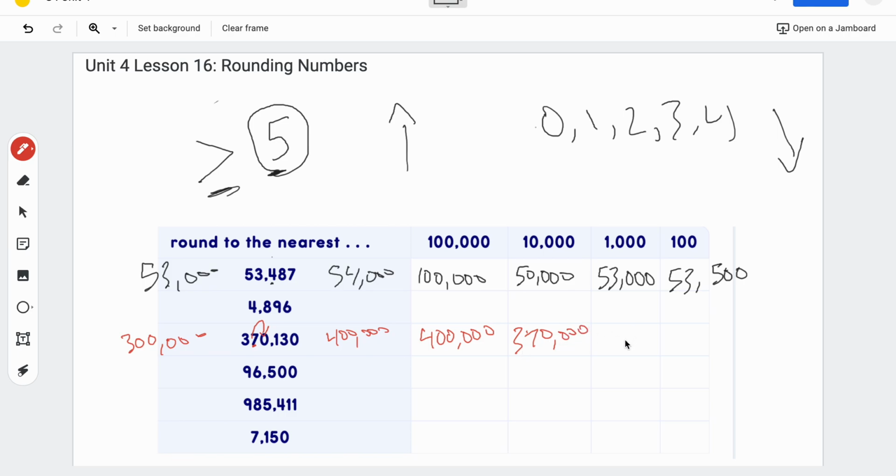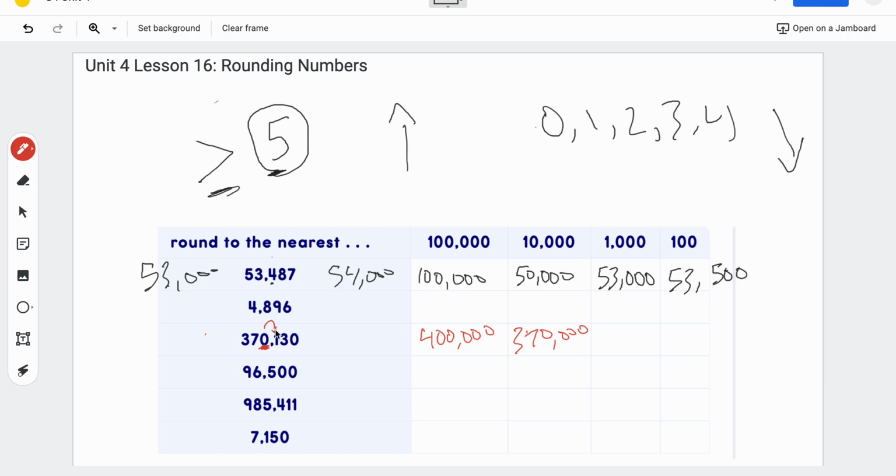Now we're going to round this number to the nearest thousands place. So what we're going to do is look for the thousands place. The thousands place in this number is a zero. I have 0 thousands over here. So I look to the right and I only see one 100.